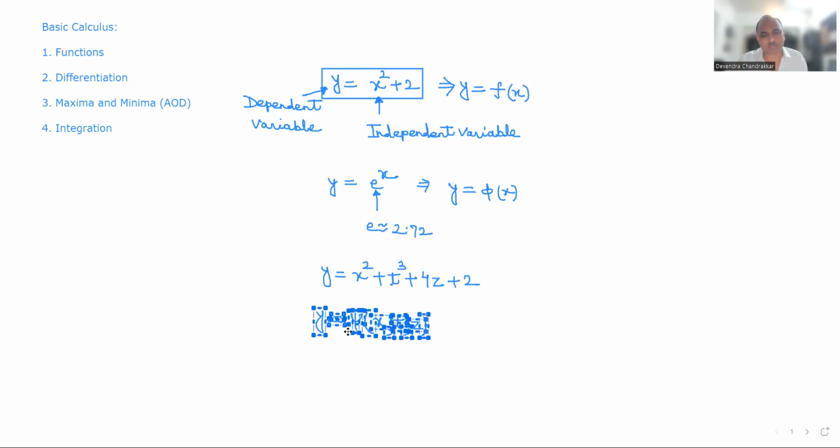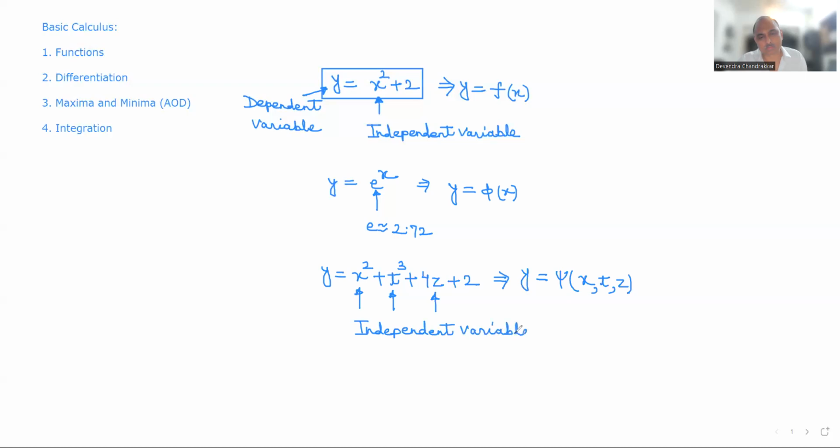Yes or no? Yes, sir. X, t, and z are independent variables, and y is a dependent variable. I hope all of you understood this, right?